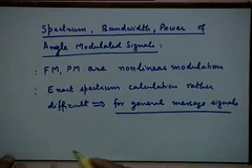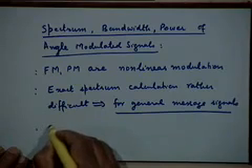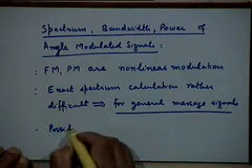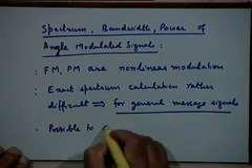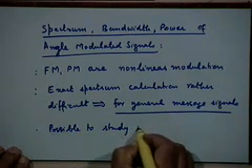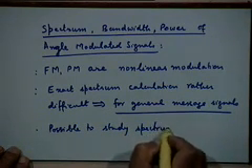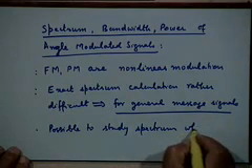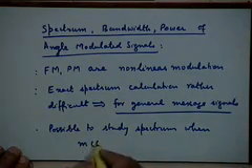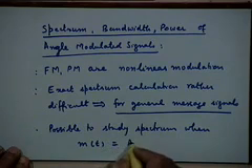So it is possible to study the spectrum when m(t) is equal to, let us say, A_m cosine omega_m t.